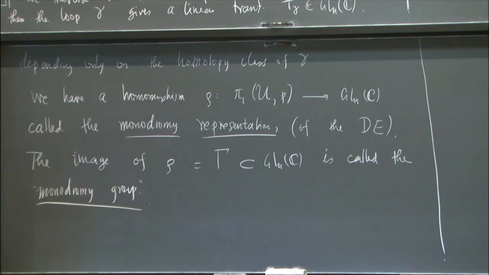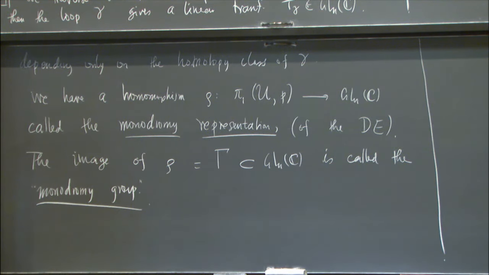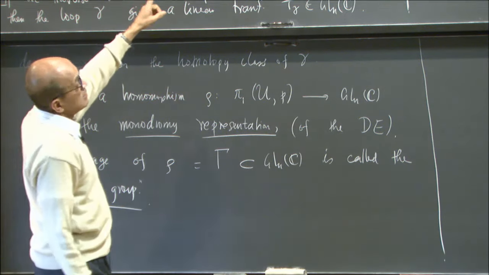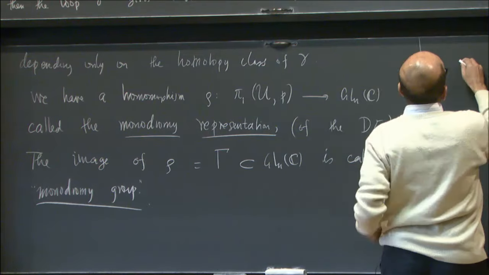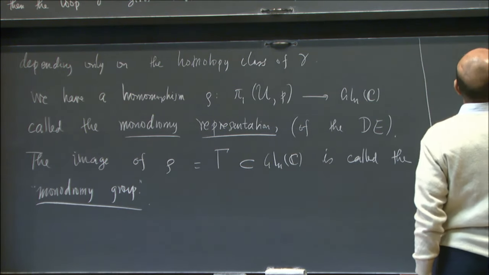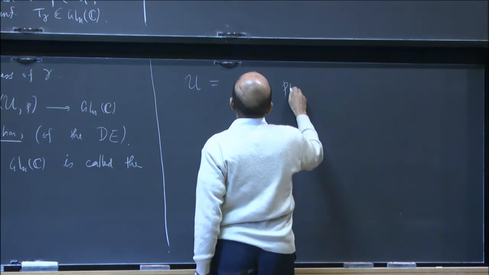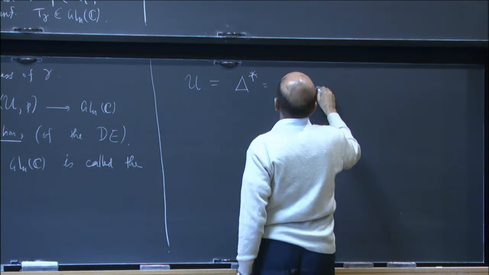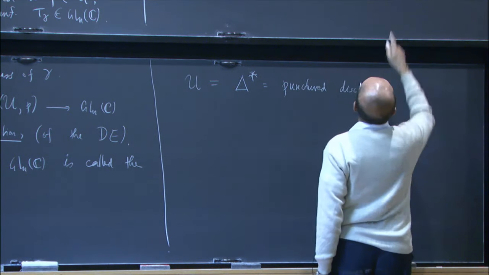So much for this general theory. Maybe I'm going a bit slowly, but let me just take up one example before stating the general result. I'll take U to be the punctured disk.